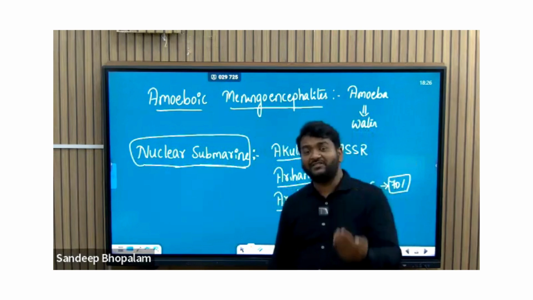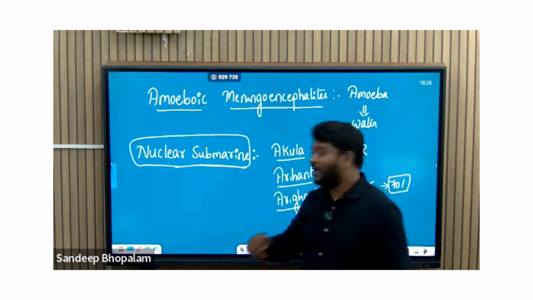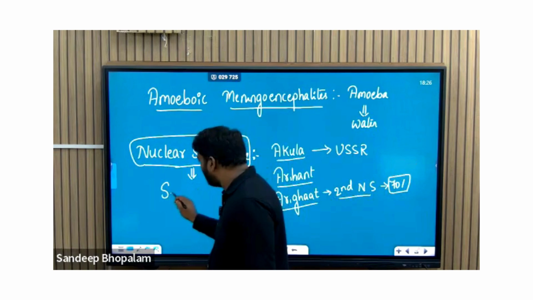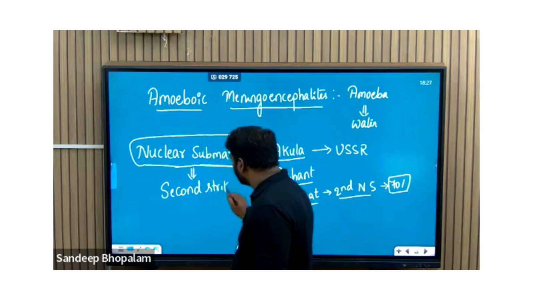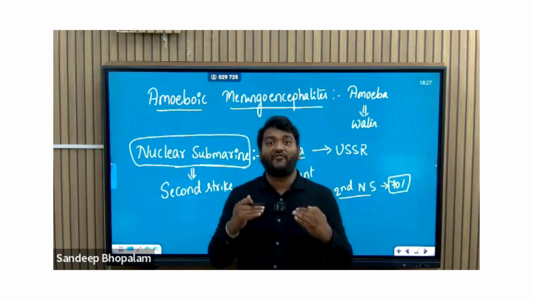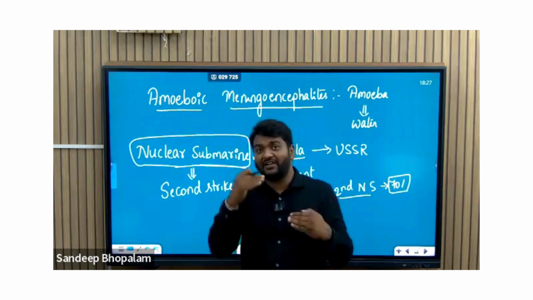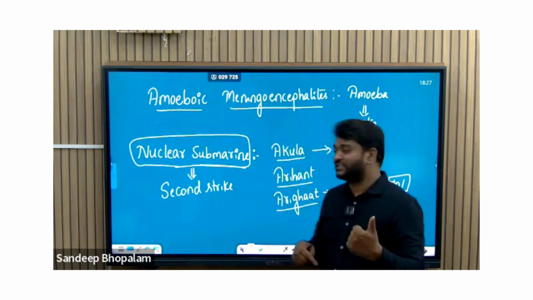So whenever we have a submarine, we have the capacity to hit the other country from water. And whenever we hit another country from water, we say our second strike capability increases. See guys, when I have the capacity to hit another country first, it is called first strike capability. But if I have the capacity to hit another country even after that country hits me, then it is called second strike.